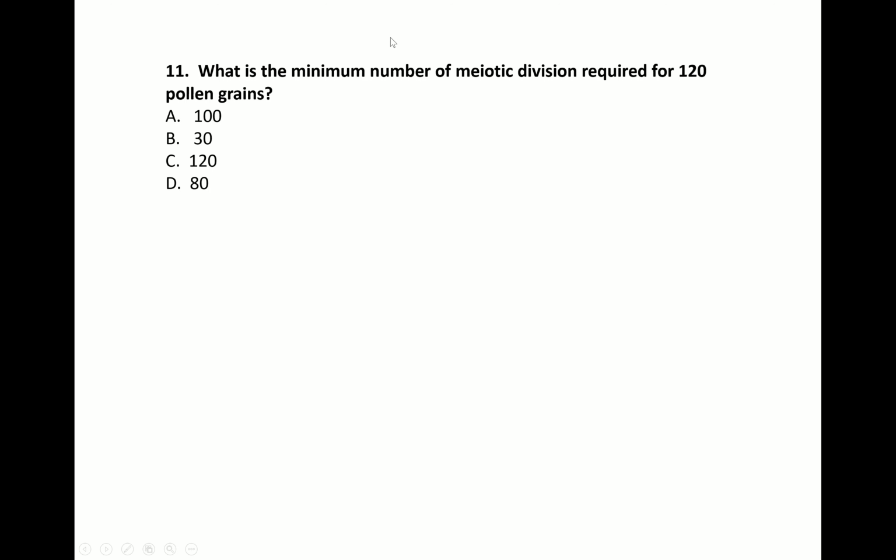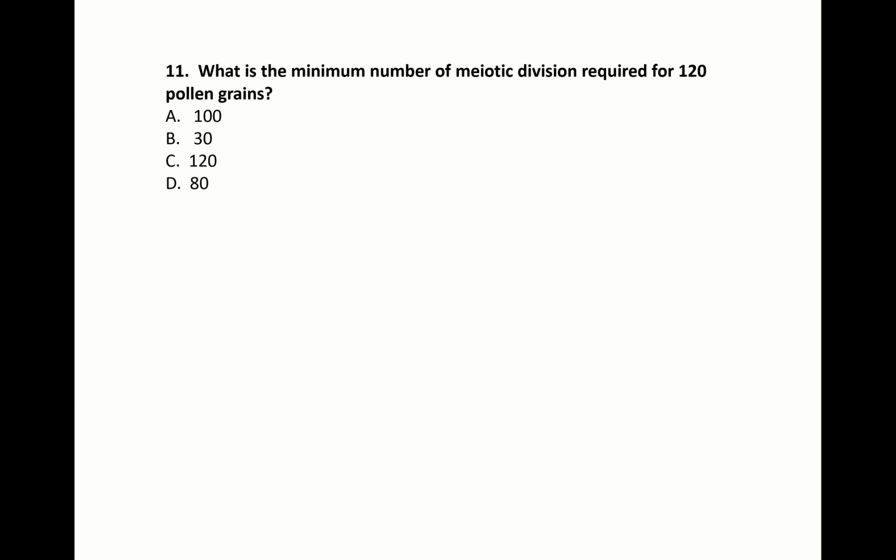This is a very important question. I think you can try to solve it from your side, but I feel it is better to explain this question. What is the minimum number of meiotic divisions required for 120 pollen grains? So, there are 120 pollen grains.